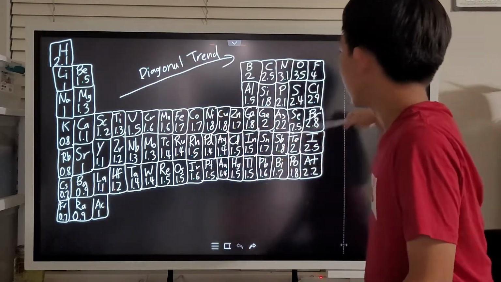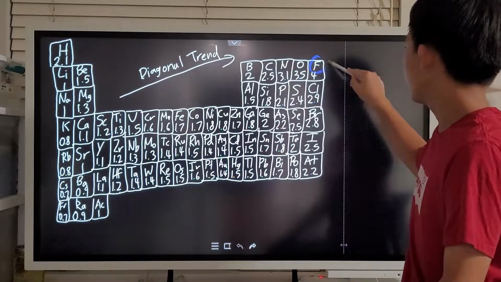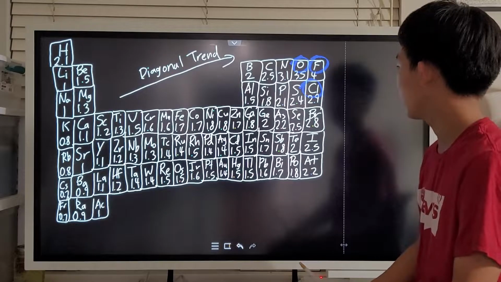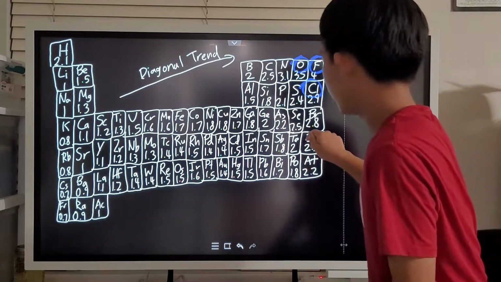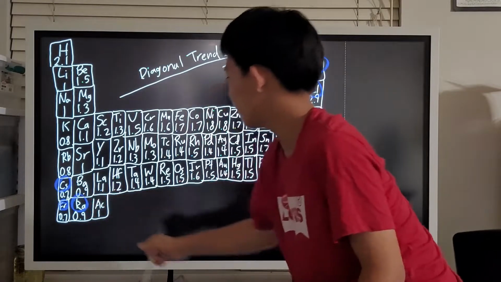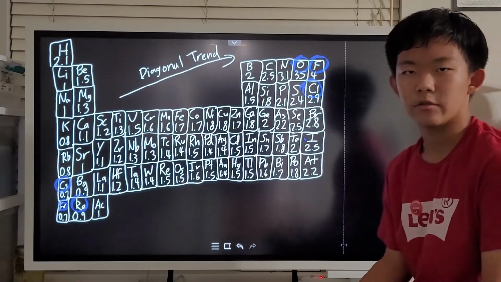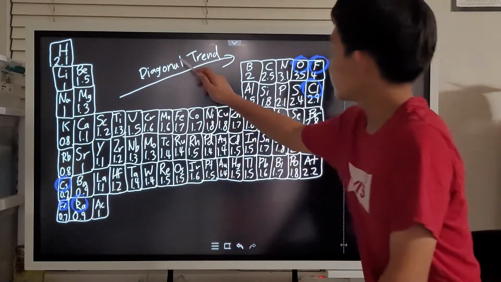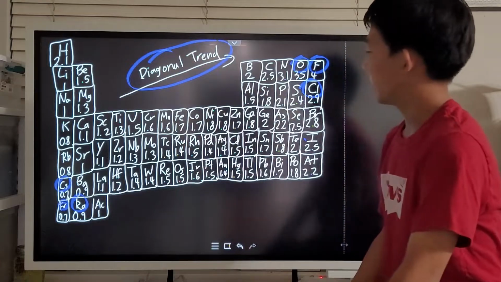So if you look here, you'll see that elements like fluorine, oxygen, or chlorine are highly electronegative. Meanwhile, the elements over on the other side, cesium, francium, and radium, are all rather electropositive, as we might call it.